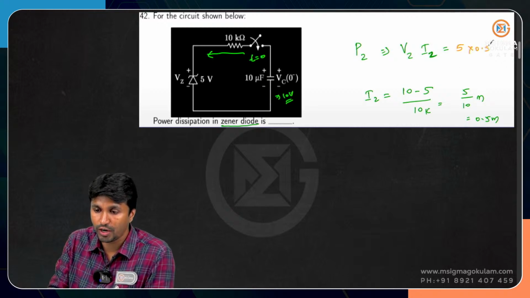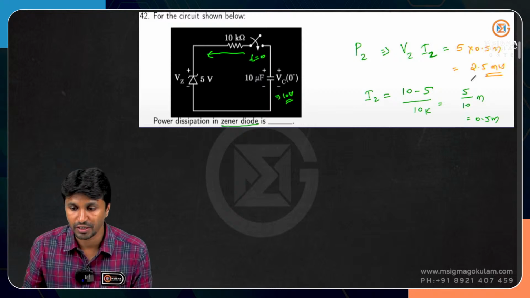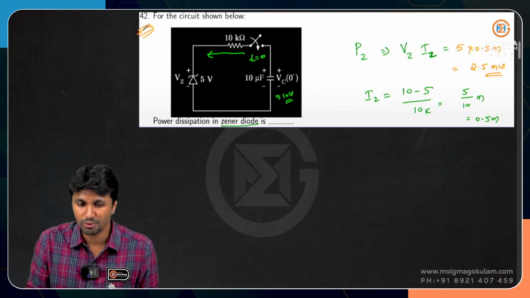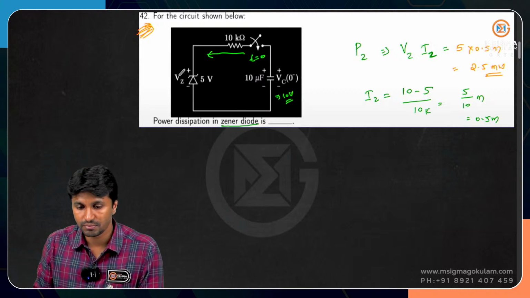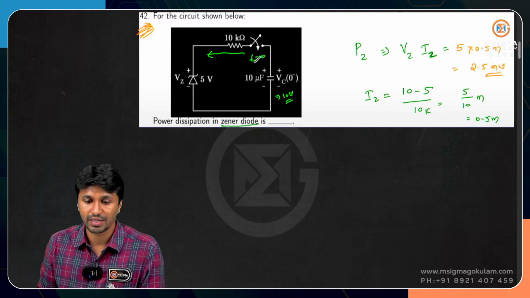So 5 into 0.5 milli is nothing but 2.5 milliwatt, right? So the answer to this particular question is 2.5 milliwatt. We are not confident about the data given in this question, so we'll rework it once we get the original question paper, right?